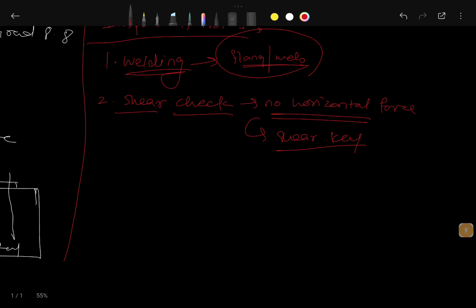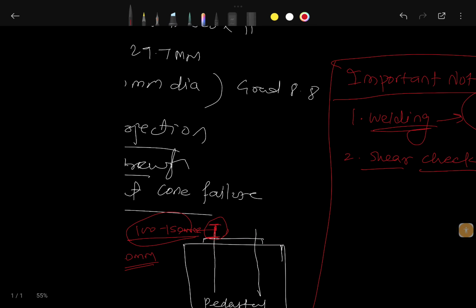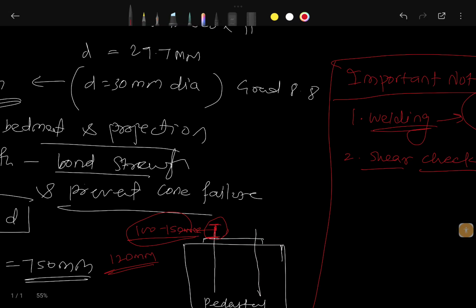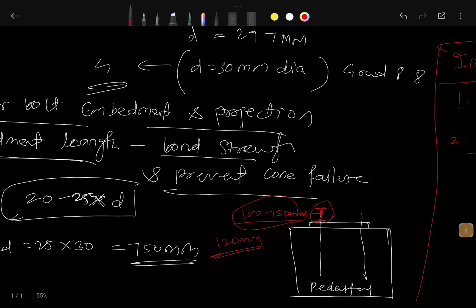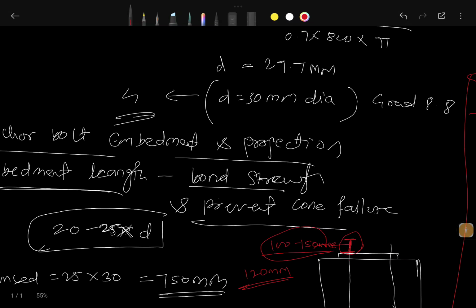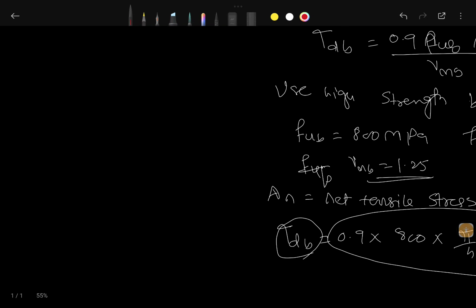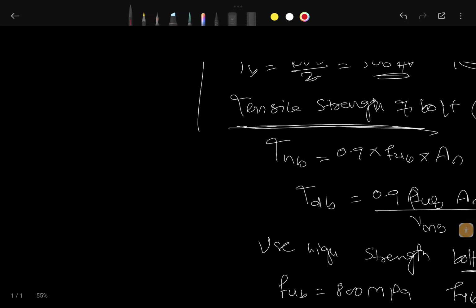Okay, now I will give you these important notes also, and we just see all the details of how we calculate.